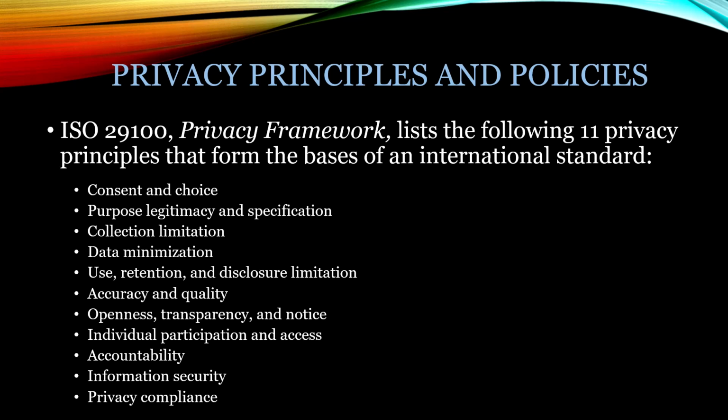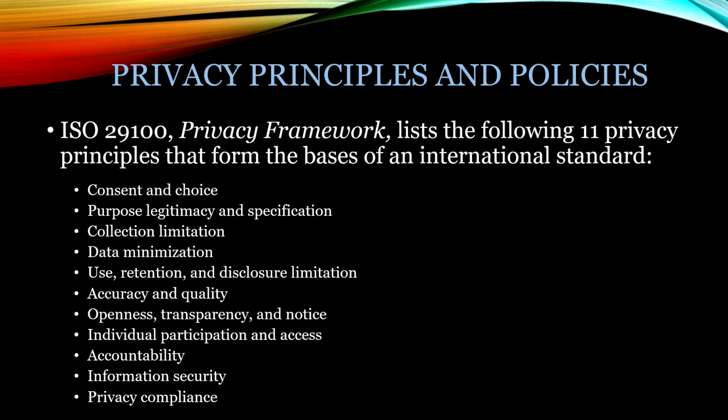Accuracy and quality will ensure that PII is accurate and obtained from a reliable and verified source, and provide periodic checks of information integrity. Next is openness, transparency, and notice, which will provide PII principals with clear and easily accessible information about PII controller policies, procedures, guidelines, and practices with respect to the processing of that PII.